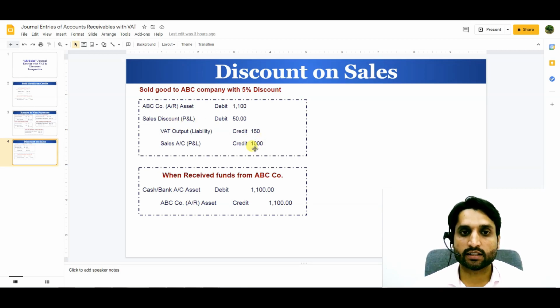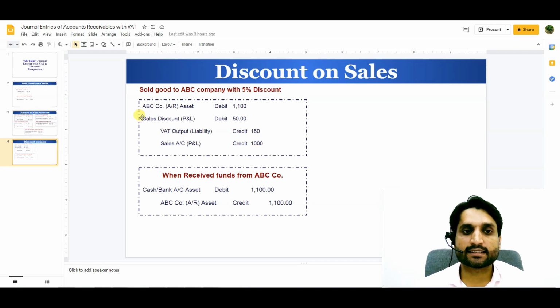So 1000 multiplied by 5% discount will be 50. So the receivable from the ABC company will be 1100. Sales discount given to the company mentioned on our invoice will be 50. VAT output liability will be credit as 150, and sales account will be credit by 1000.